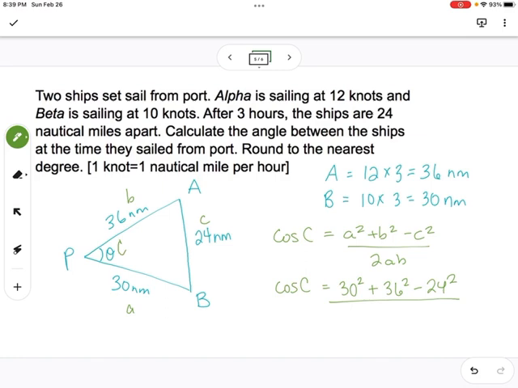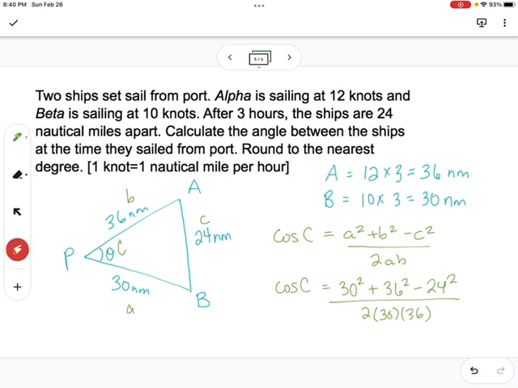And that's over 2 times A, which is 30, times B, which is 36. Okay, I did not leave myself enough room here, so I'm going to put this all into one.